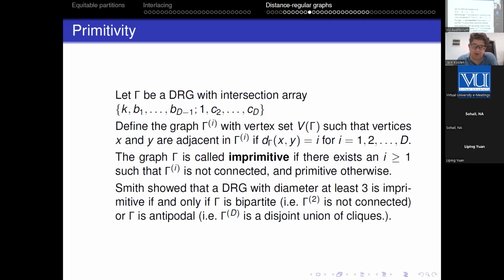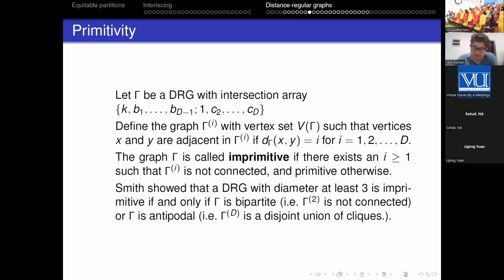So Smith showed that a distance regular graph with diameter at least 3 is imprimitive if and only if it is bipartite, that means the distance 2 graph is not connected, or antipodal. And in that case, the distance D graph is a disjoint union of cliques.